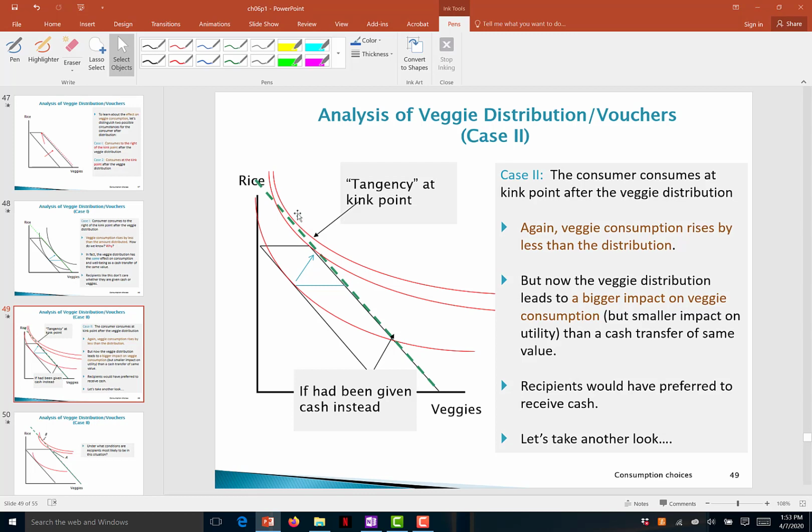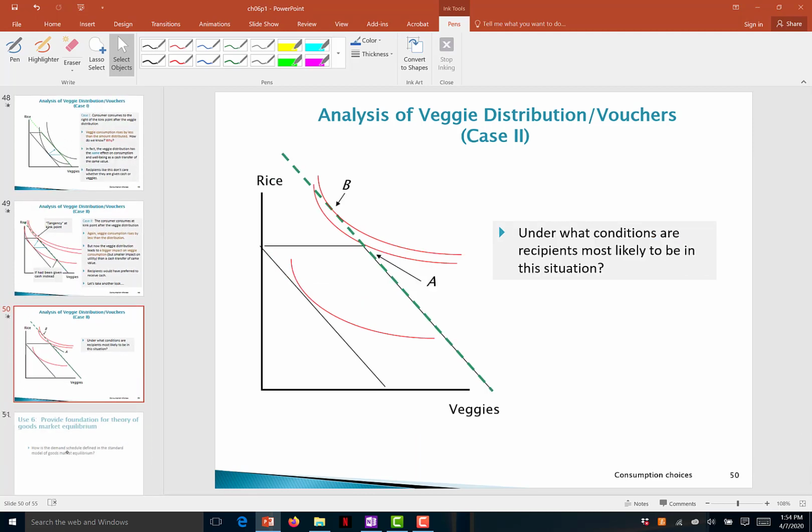So based on their preferences, they would be on a higher indifference curve than not getting the food stamps, but not quite as high an indifference curve as they would be if they could choose what to spend the money on themselves.